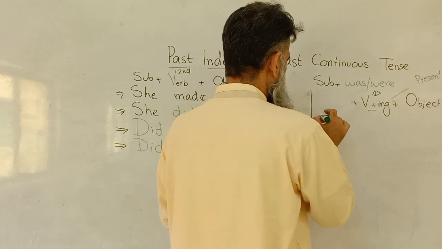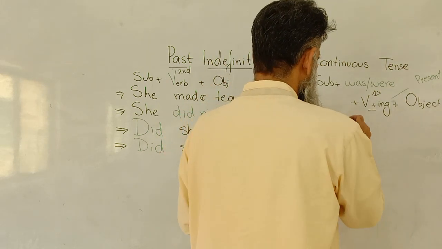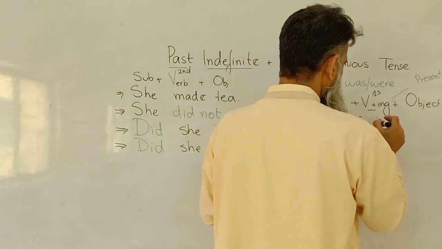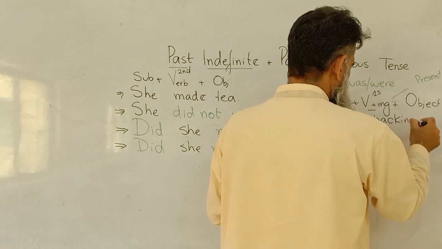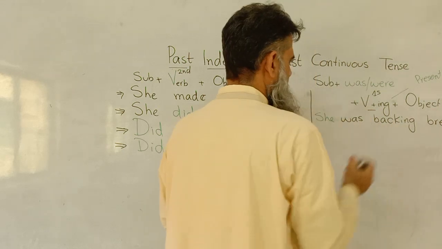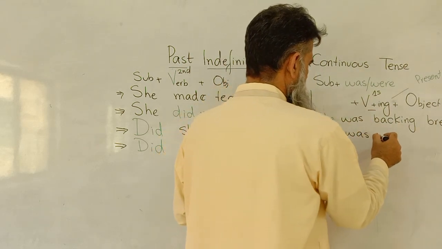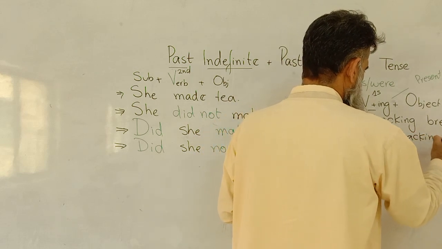Now examples: she was baking bread. She was not baking bread.